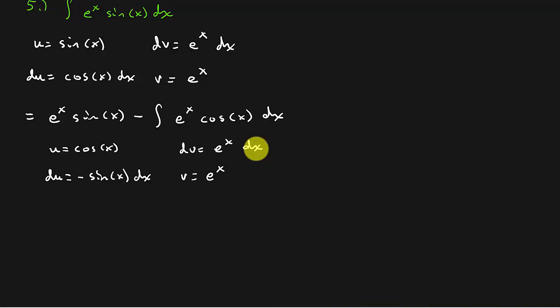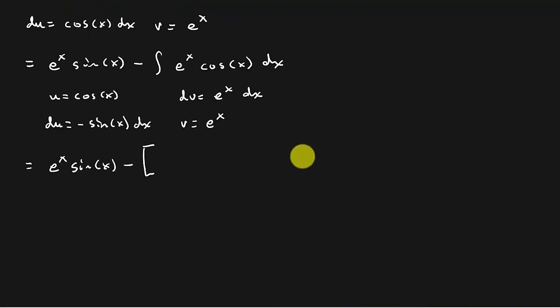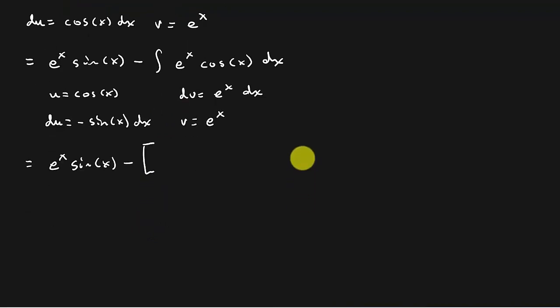Okay, so let's make the substitution. So this is e to the x sine x. That's just this part written down again, minus this integral here. Now minus, so I need to put all of this in a bracket or parentheses, whatever you want to do. So that's u times v, so that's e to the x cosine x minus the integral of e to the x times negative sine.